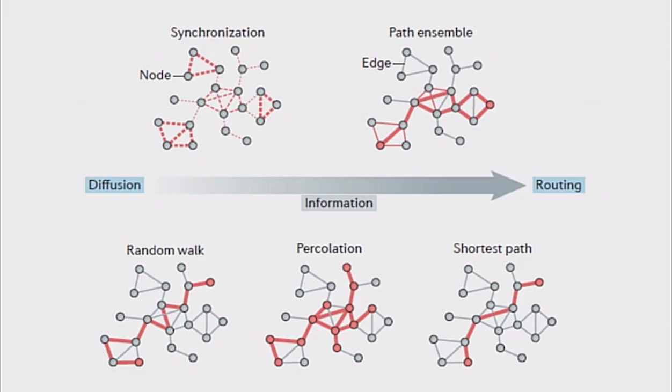One way to think about communication processes, not just in the brain, but more generally in networks, is on this spectrum from, on the one hand, to the right, routing or shortest path communication. So this is an example where you have a source node and a target node, and a signal is transmitted via some optimal, for instance, shortest path from source to target.